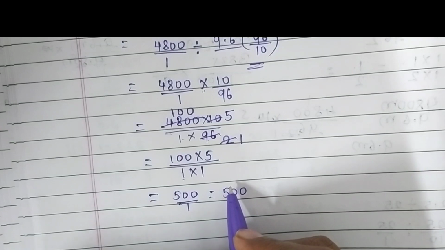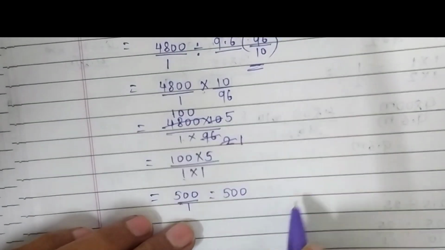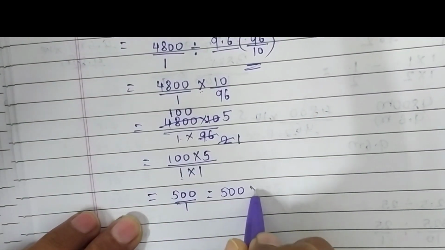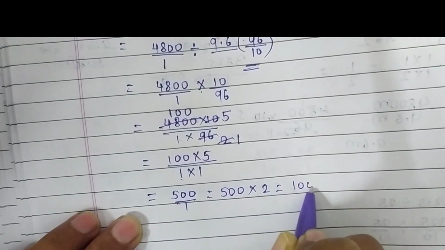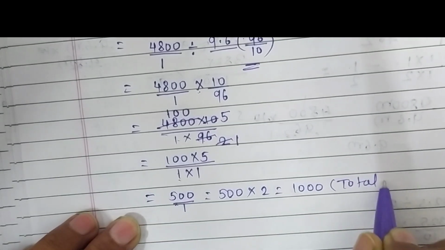But the trees are planted on both sides of the road. So for it, we have to multiply 500 by 2. So the total number of trees is 1000.